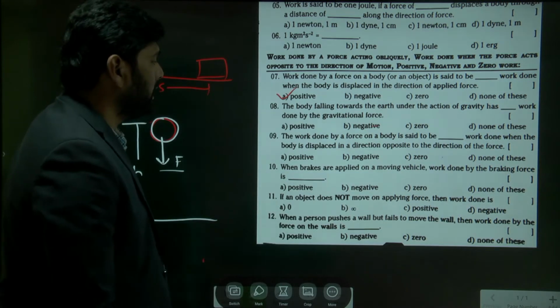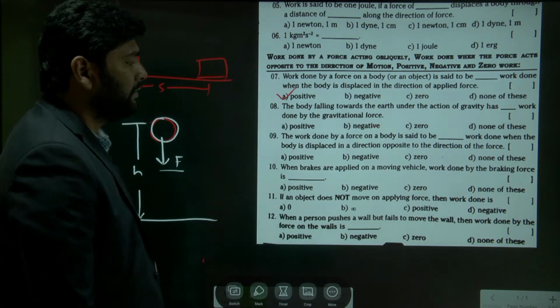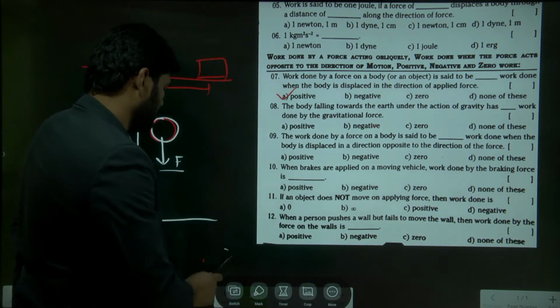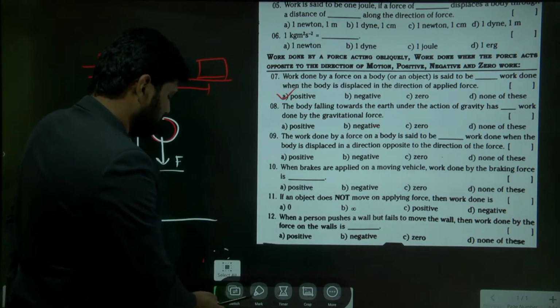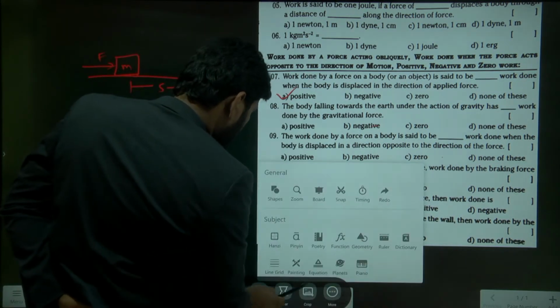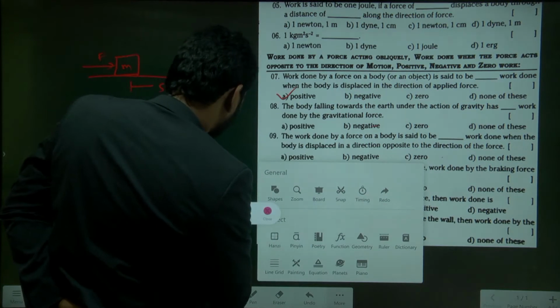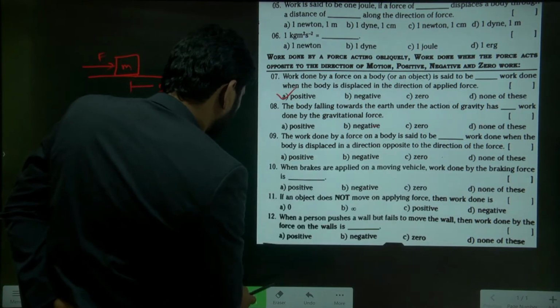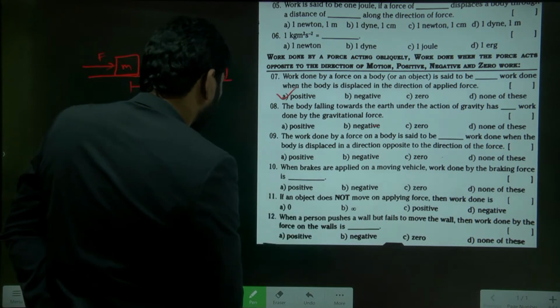Same. Same, then is the work done by the gravitational force positive or negative? Positive. So that is our answer. Understand? Got my point?